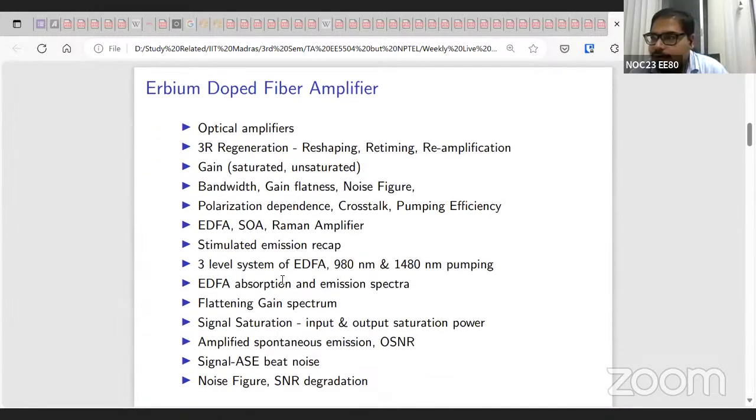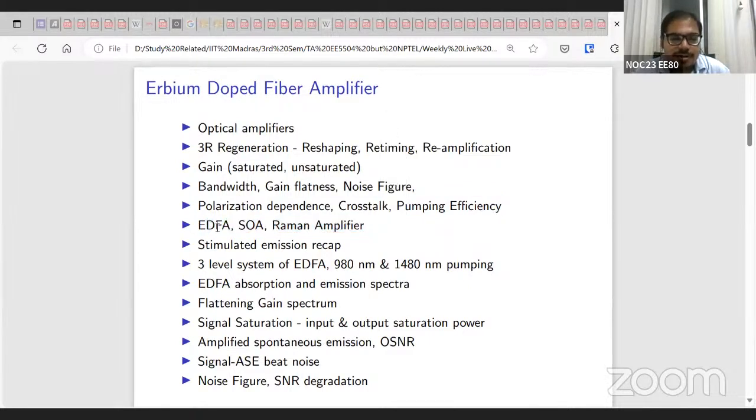Then we went on to discuss the erbium doped fiber amplifier, which you can think of as just a laser without a cavity. We discussed optical amplifiers, like the three kinds that are popular.